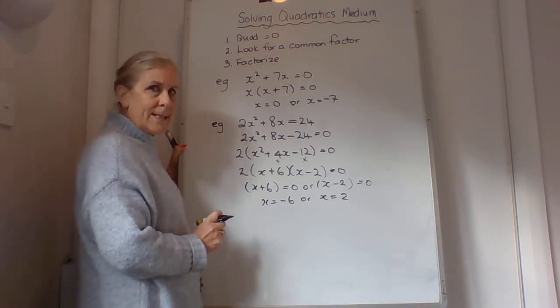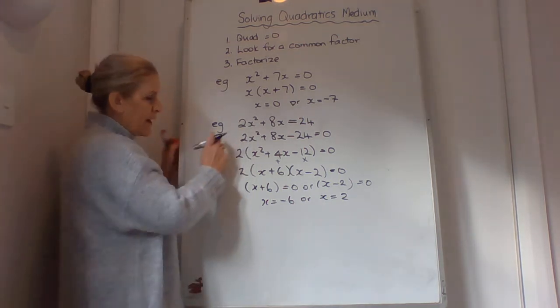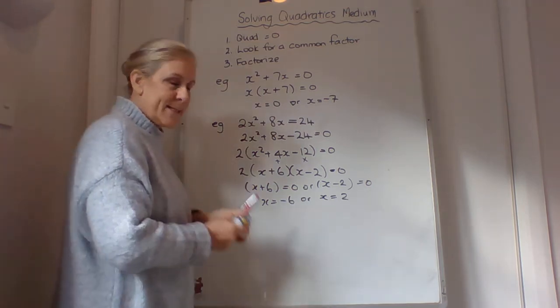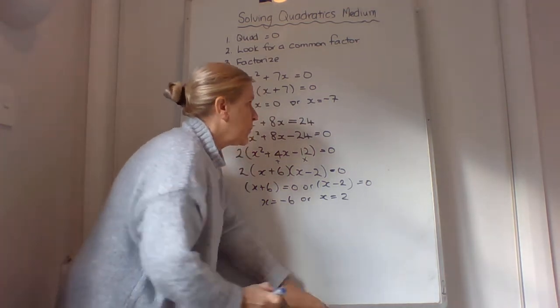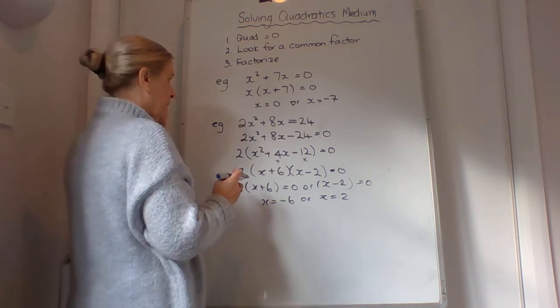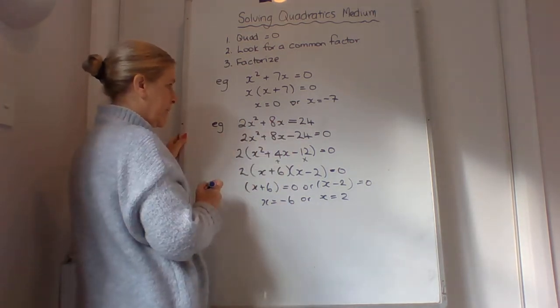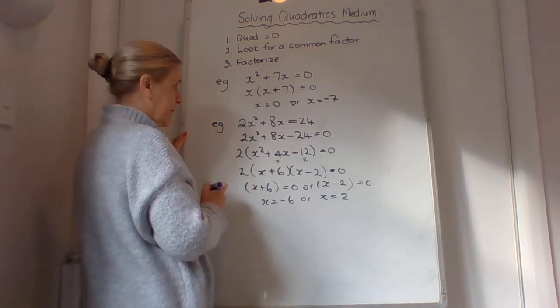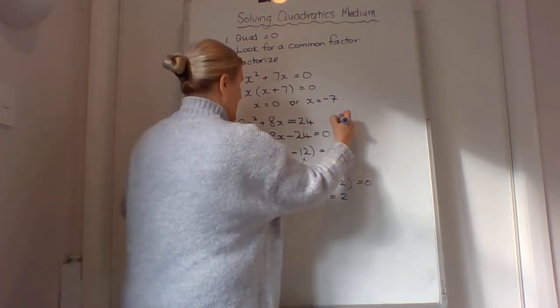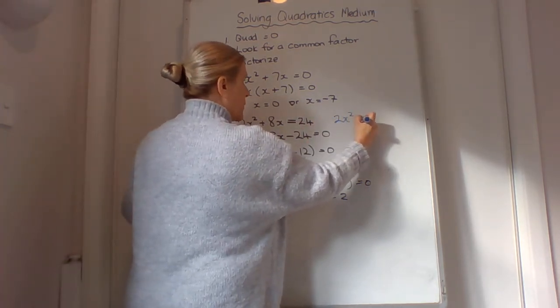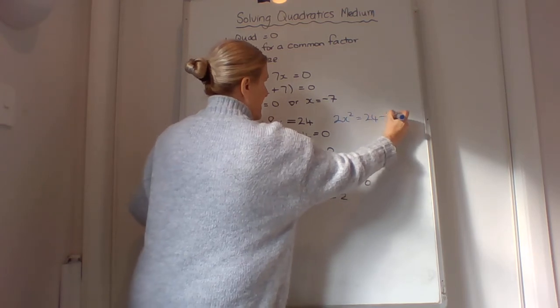All right, so what's the silly thing that people do? Well, way back over here, if we decided to, I don't know, divide by 2, maybe. Some people just go like this even. 2x squared equals 24 minus 8x.